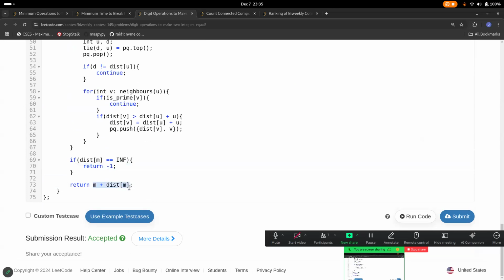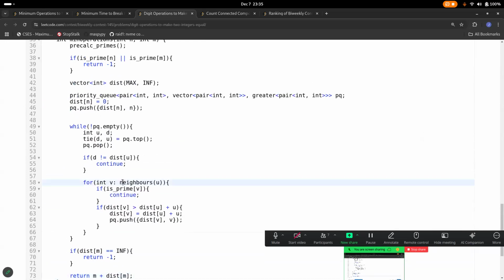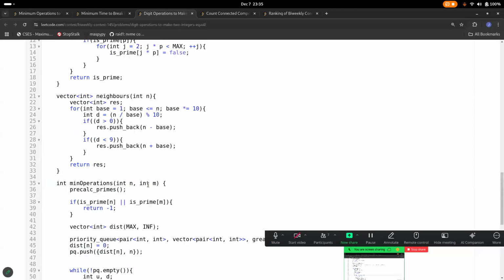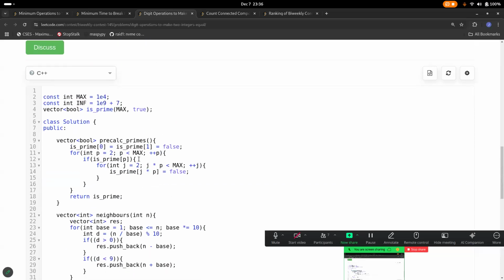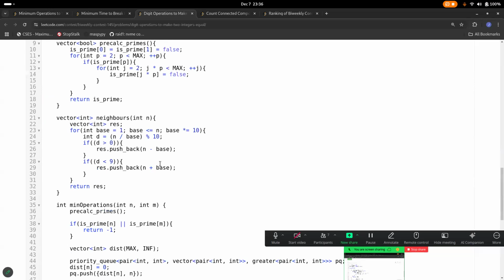Basically distance of m is all the nodes that you had to visit to come to m according to our edge weight definitions. And the next point is how do we calculate the neighbors of the node u. So how do you calculate the ith digit of n? What we're doing over here is we iterate over all the bases of n.